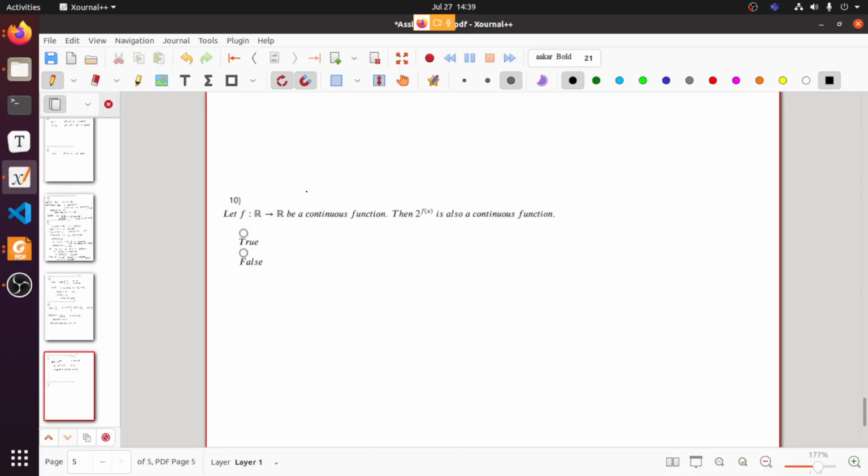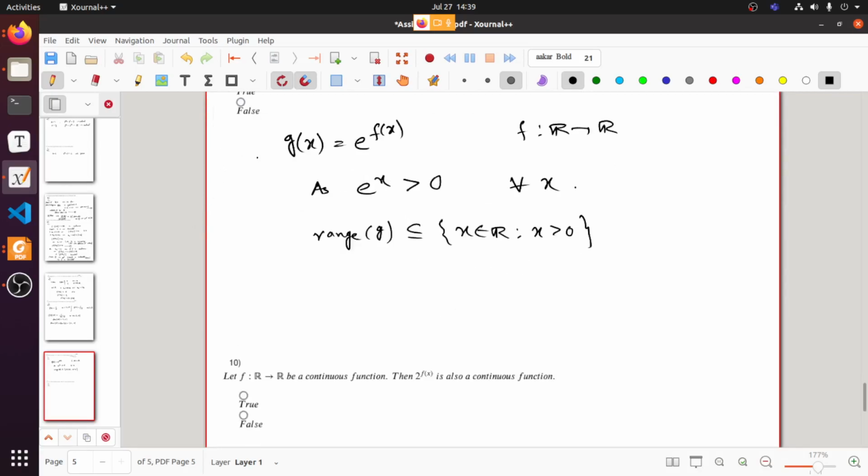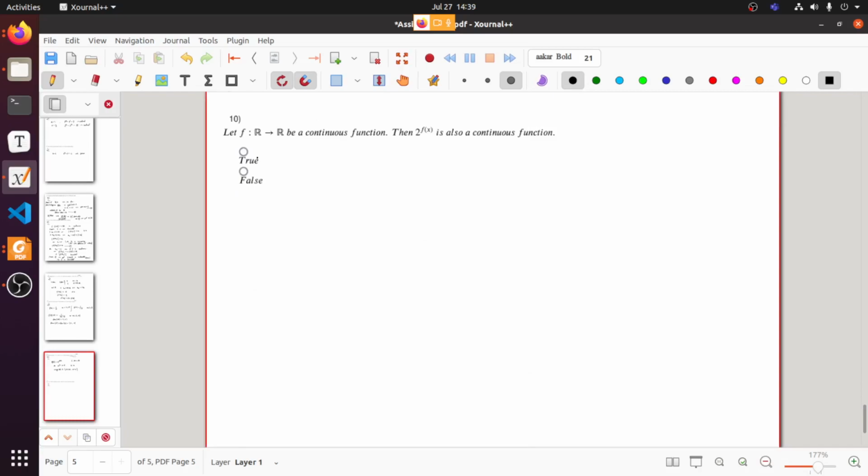So question 10 will also be true. f is continuous is given, and define the function g of x equals 2 to the power x. You can prove that g is also continuous.